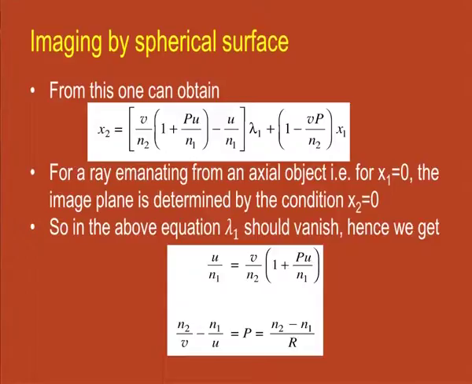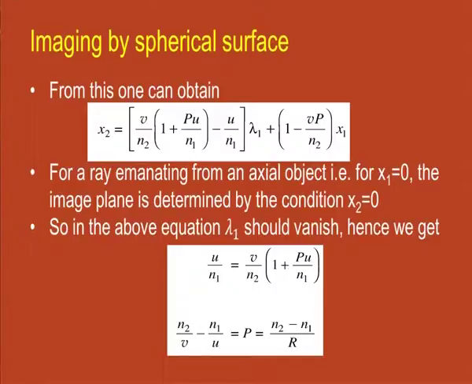Now, for a ray emanating from an axial object, that is, for x1 equal to 0, the image plane is determined by the condition x2 equal to 0.